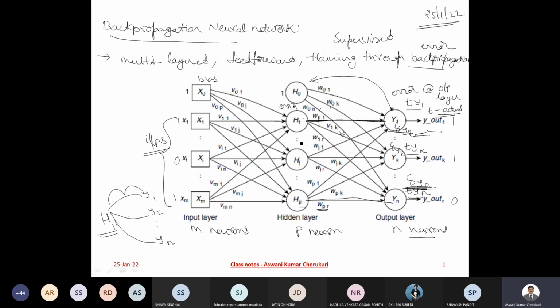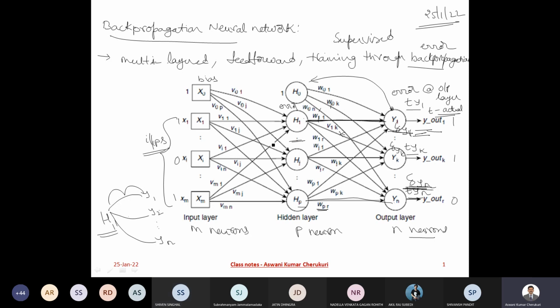But calculating error for hidden is somewhat tricky, since you know the target values. Remember, target values are given for output nodes or even hidden nodes? Generally, target values are given at where? Output or hidden? Sir, output.